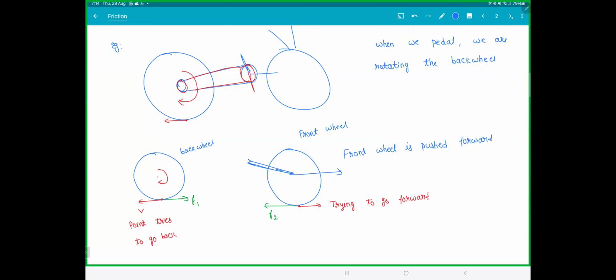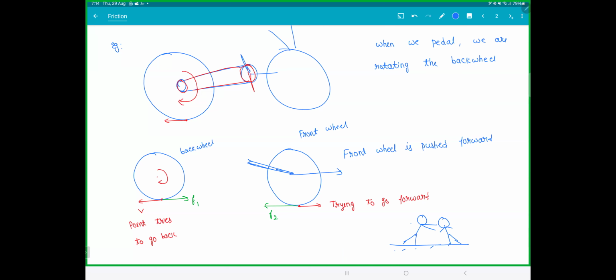To give you another example, think of it like this. Imagine your friend is standing there and he doesn't want to go. And you're pushing him. Can you tell me how the forces will be on them? You are trying to push your friend and this guy is reluctant to go.